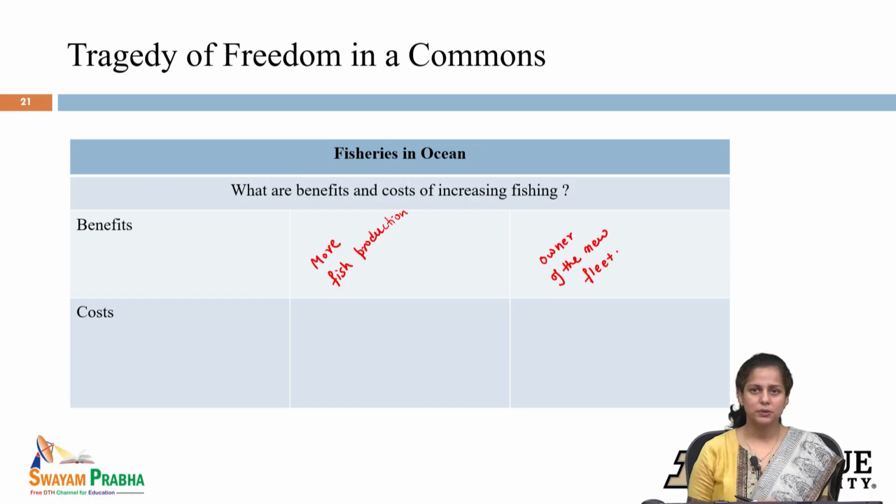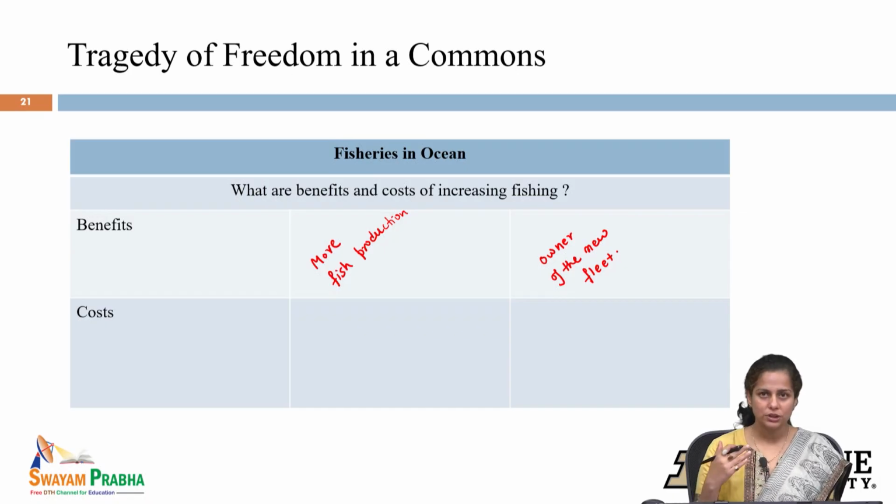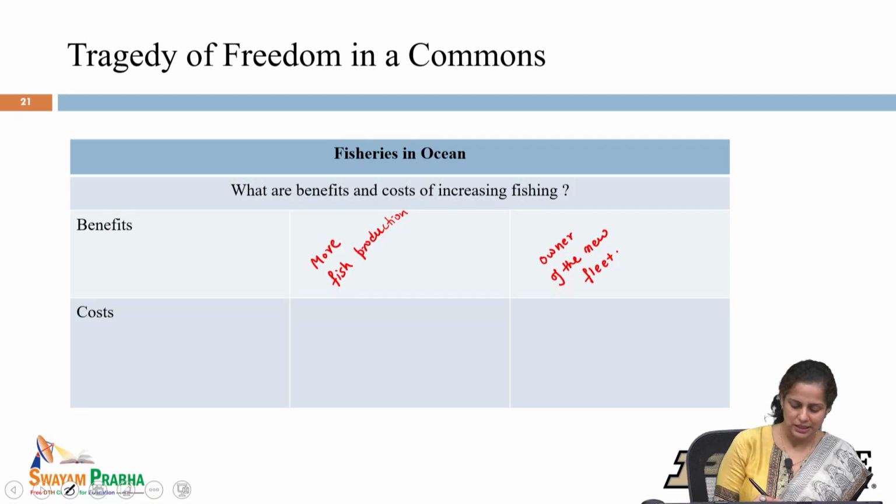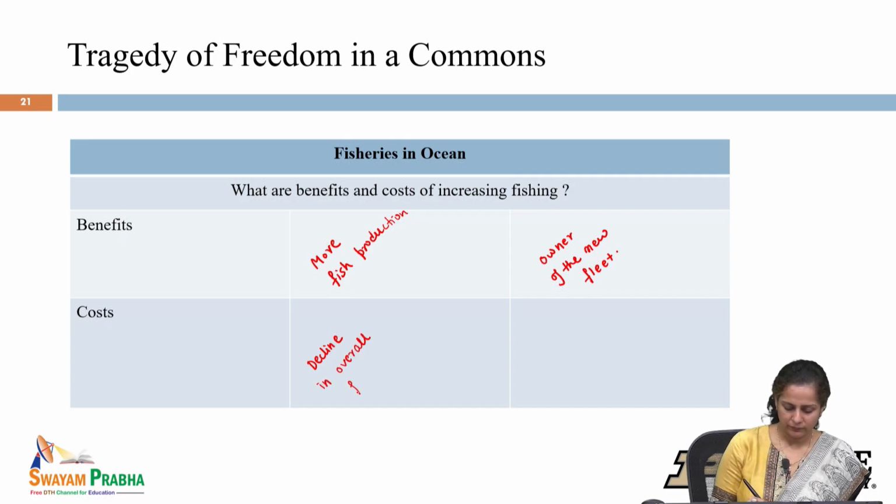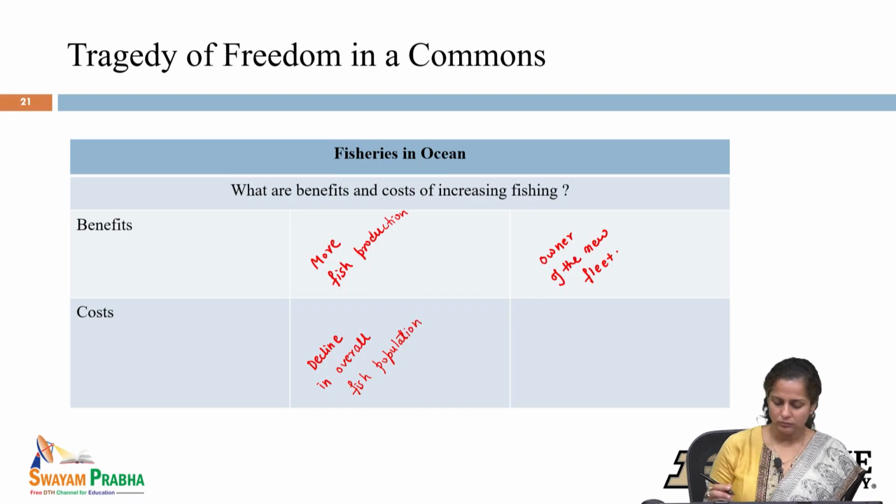But the cost will be that if you are overfishing an area, the fishes don't get time to regenerate fast enough. So what happens is a decline in overall fish population. And the cost is shared by all fishermen.